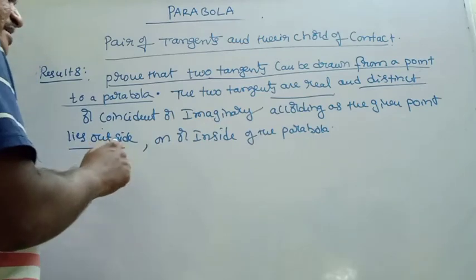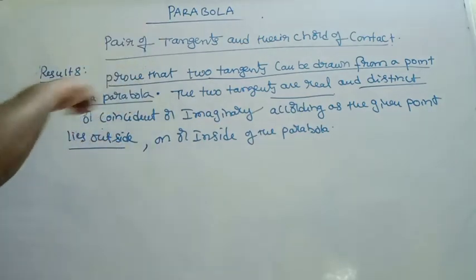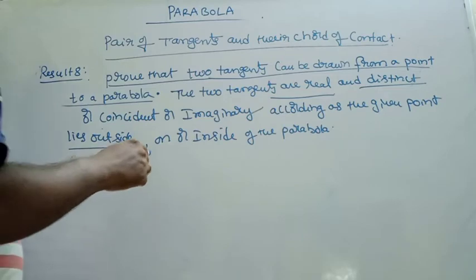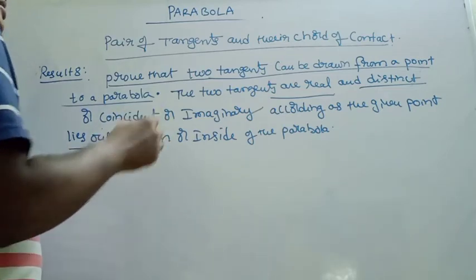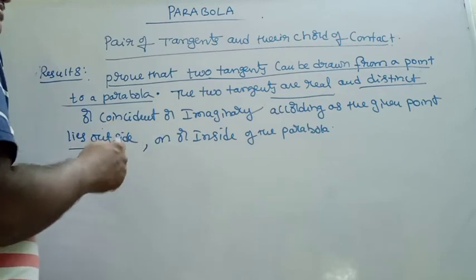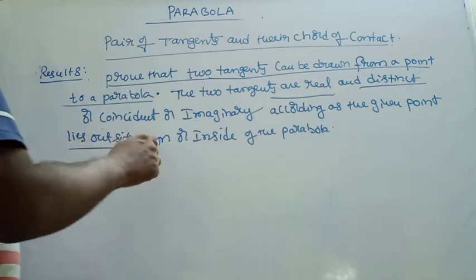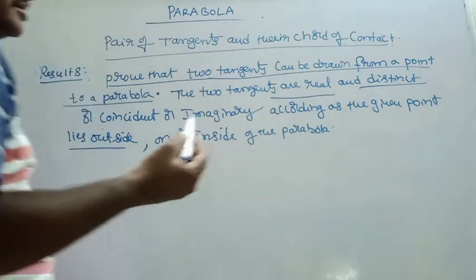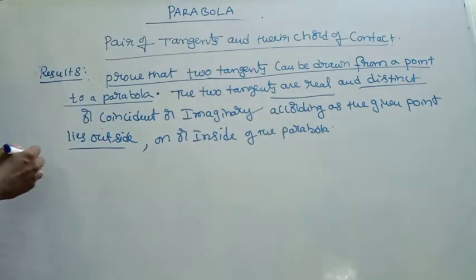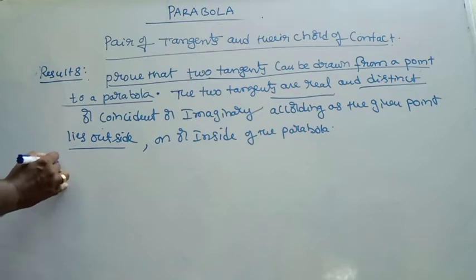If the point lies outside, then you will have two distinct tangents, right? If coincident, then the point lies on the parabola. Imaginary means it is lying inside the parabola. This is the result. Now see, my dear students, how we are going to do this in a detailed way.